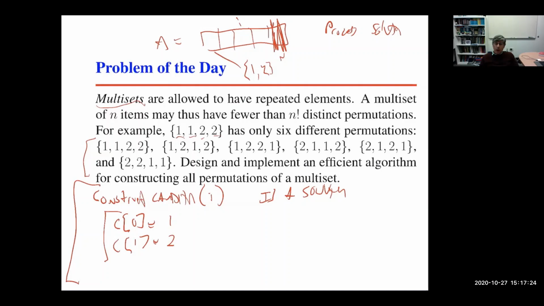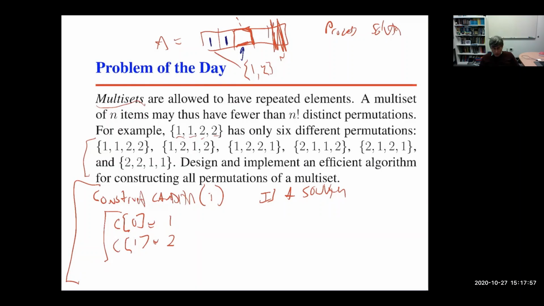I'm seeing not really. The important thing is, what are my candidates for the third position in this example? If I have a 1 and a 1 in the first 2 slots, I've only got one choice for the third position. Isn't that right?